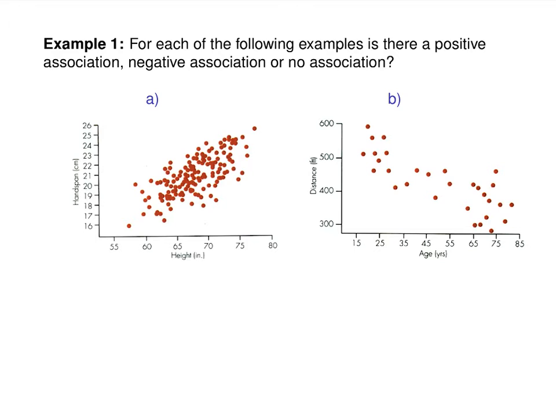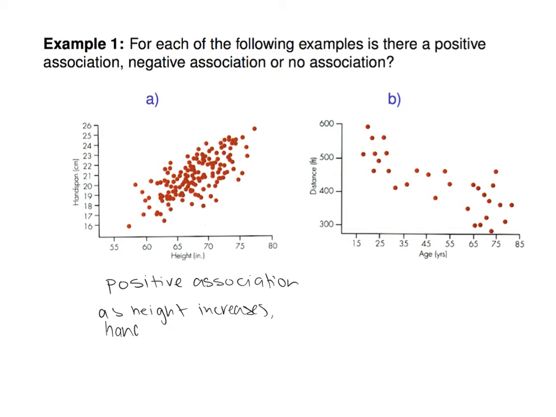And you can see that for people that have bigger heights, they also have bigger hand spans. This is an example of a positive association. As height increases, hand span also increases.